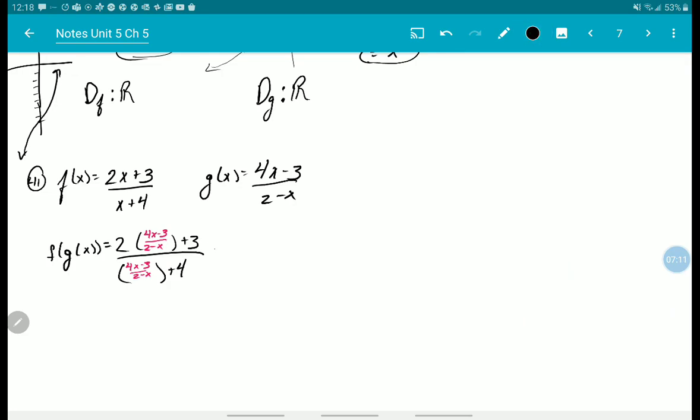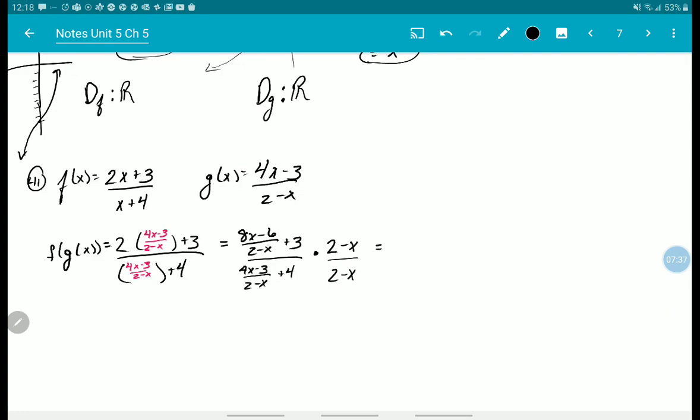So I'm going to use that trick in just a minute. I'm going to go ahead and distribute that 2 to that top. So now let's use that trick. Let's multiply by that least common denominator, which is 2 minus x.